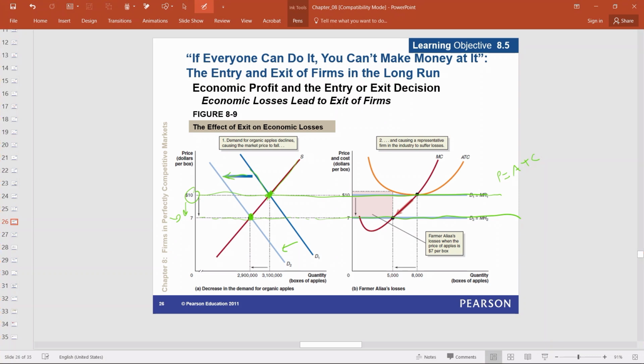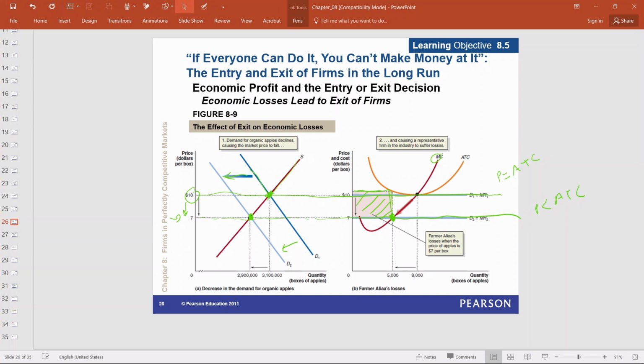Because now price is less than average total cost. And if you want to know the level of production, you need to equate marginal revenue, the price, with marginal cost. So this is the level of production, and all this is going to be a loss.